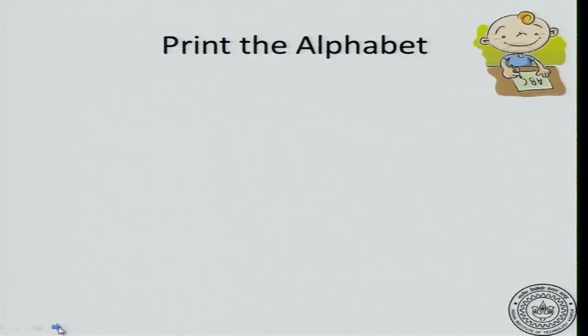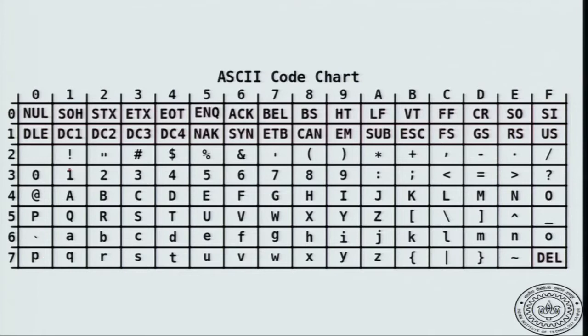For example, let's write a small program that prints. In our previous session, we had said that we don't need to remember the exact ASCII code of certain characters. We just need to remember some abstract properties of the ASCII table. For example, all the digits occur together from 0 to 9.